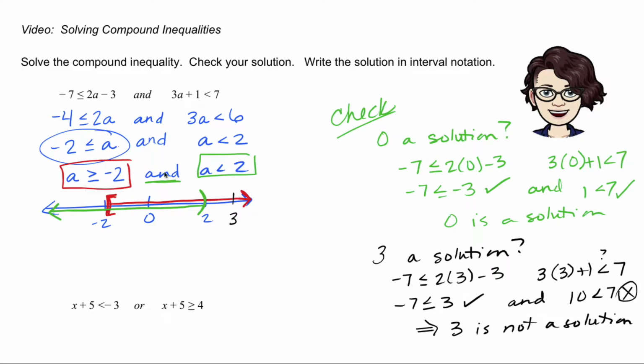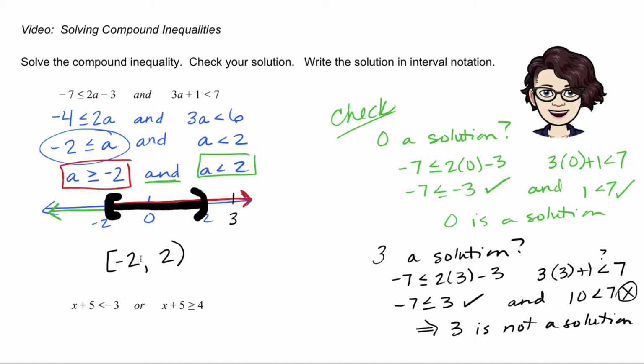So when we're looking at red and green, what's red and green? This region between -2 and 2. So our solution is -2 up to, but not including, +2. So in interval notation, the solutions to this compound inequality are [-2, 2).